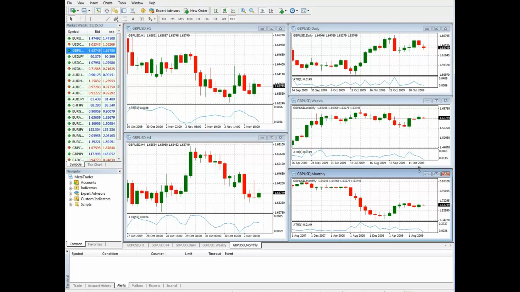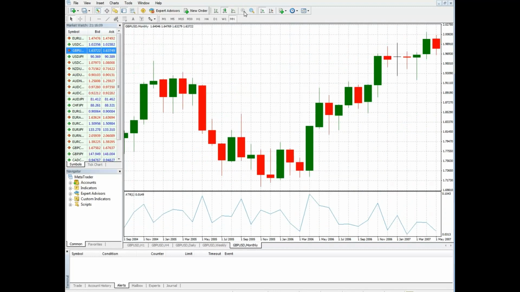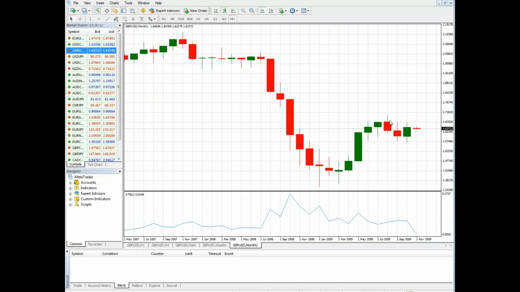That's a basic principle of diversification, but we have to be careful because it has to be a truly diversified trade, and I'll talk to you more about that in a bit. But for now, let's take a look. Let's enlarge our charts here and see what the Great British Pound has to offer today.